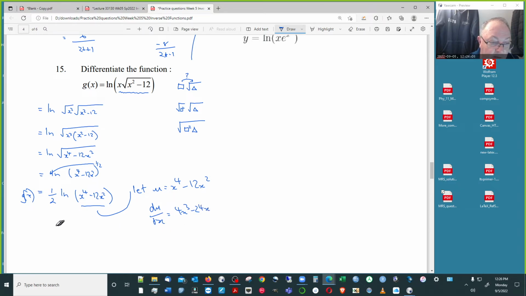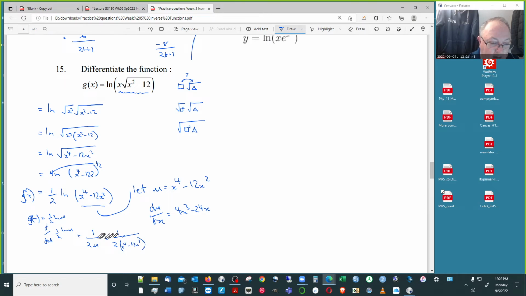Then over here, g of u is equal to a half the ln of u, but I've been skipping that. This is why I taught you expressions. Find the differential of the ln of u, and you're going to get 1 over 2u, which is equal to 1 over 2 times all of that stuff.